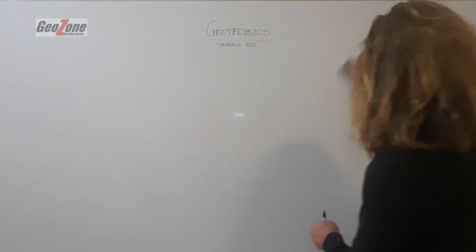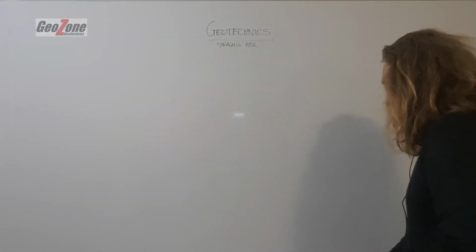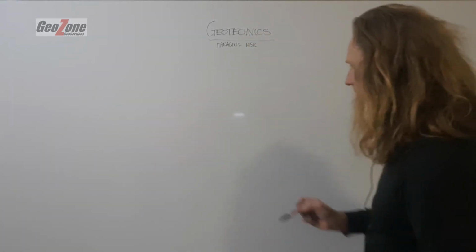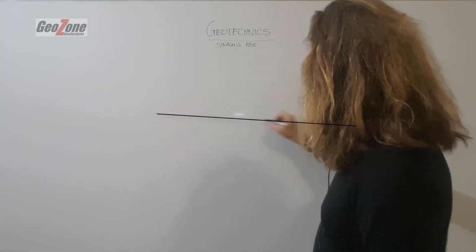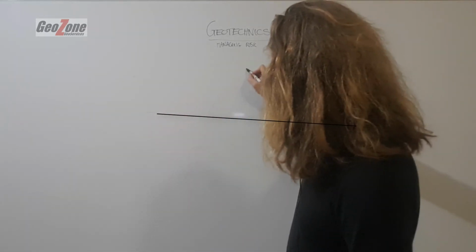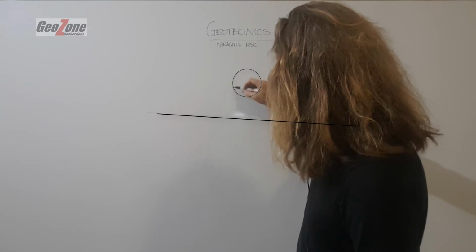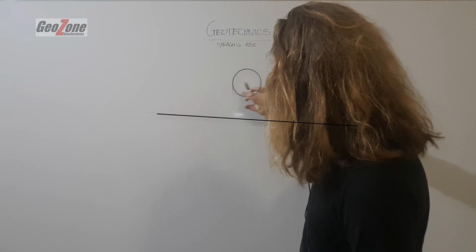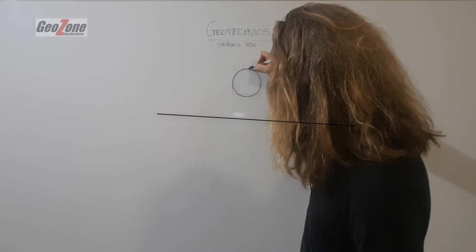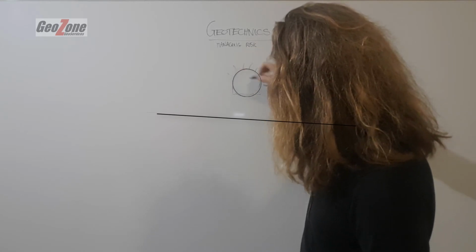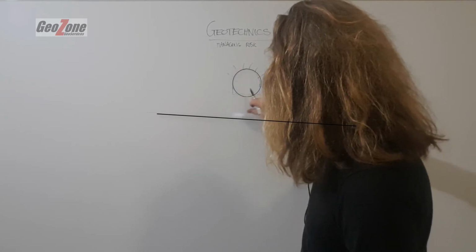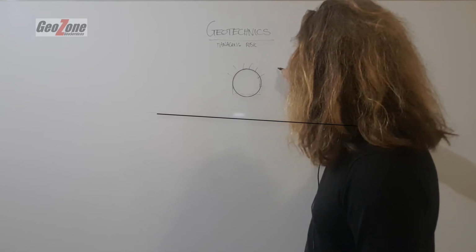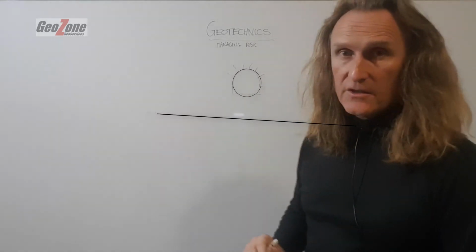We've got a long tunnel. There's an open hole in the ground. We might have to open it up and support it with rock bolts. The question is, what's the condition of the rock mass?